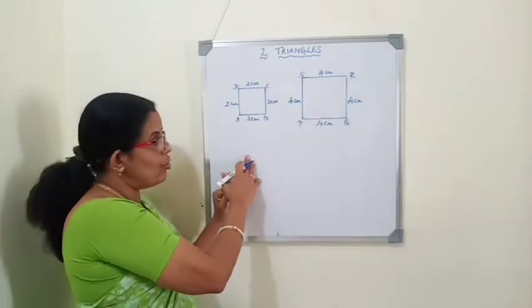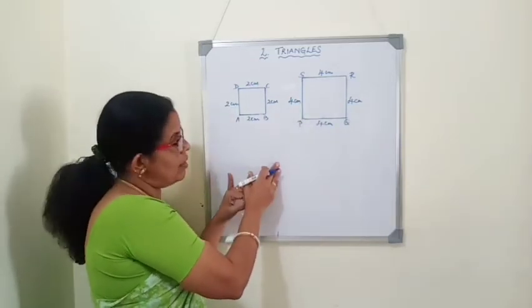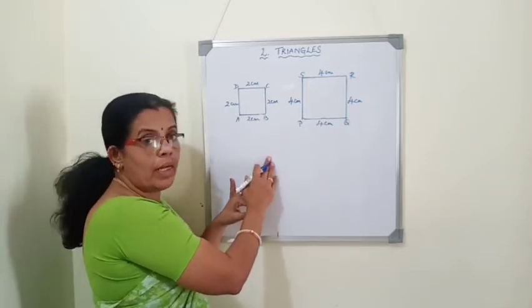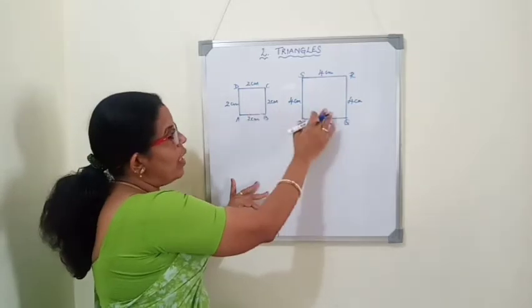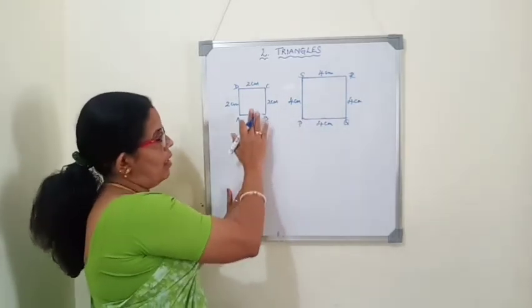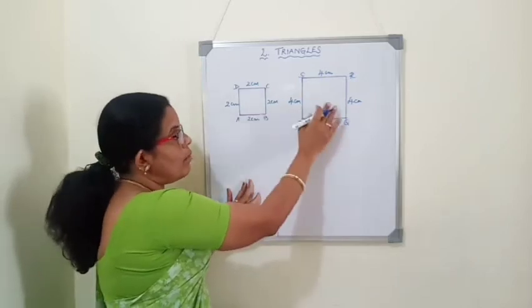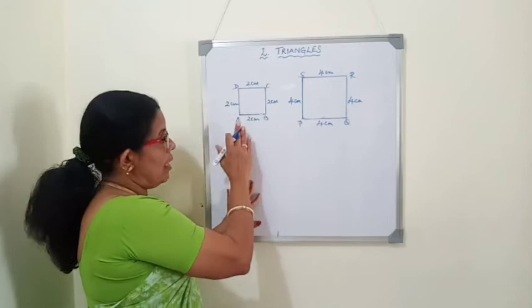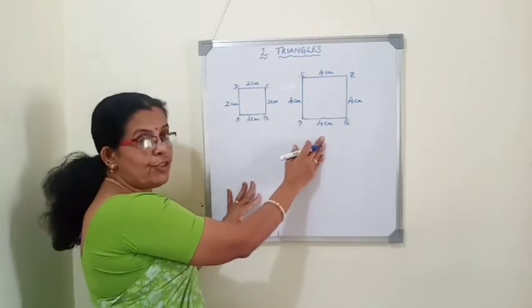So we already told you two figures are said to be similar if they have the same shape but different in size. But when it comes to polygons, two polygons having same number of sides are said to be similar if their corresponding angles are equal.